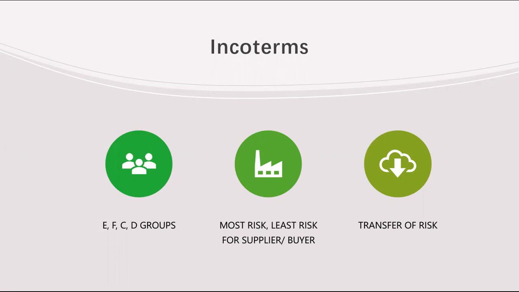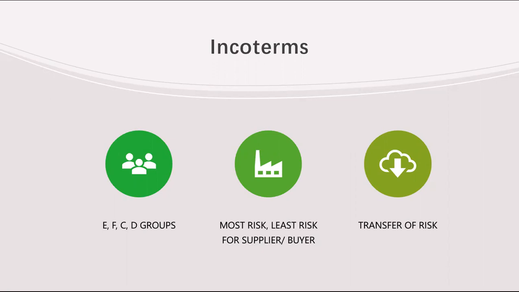Besides the groups and the name, we also have questions on the most risk or least risk for supplier and buyer, the type of Incoterm that has the highest level of risk or the lowest level of risk. On this question, you just need to remember two terms, EXW and DDP, delivered duty paid.